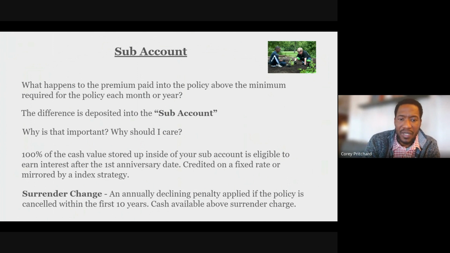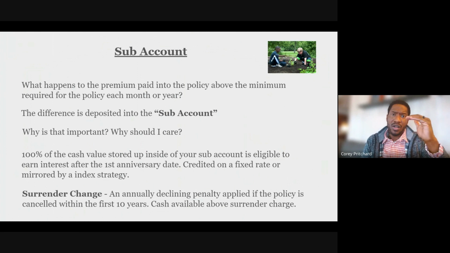Okay, so I'll put this down here: the surrender charge, very important. The surrender charge is what limits how much money you can access. So in the case where the sub account is building money and you say, hey, I would like to access that money to do something with it, what limits the amount you can access within the first 10 years is the surrender charge.